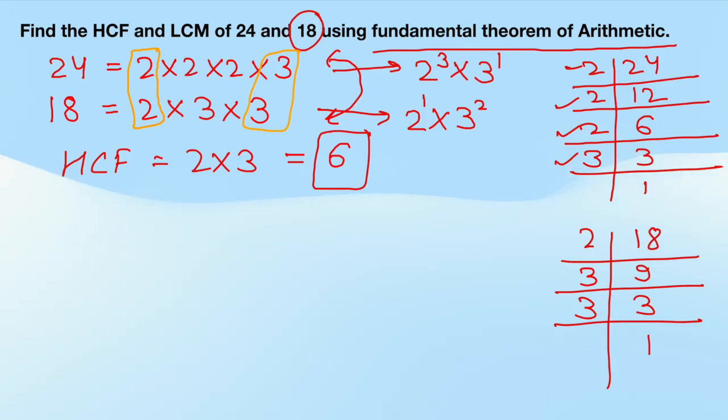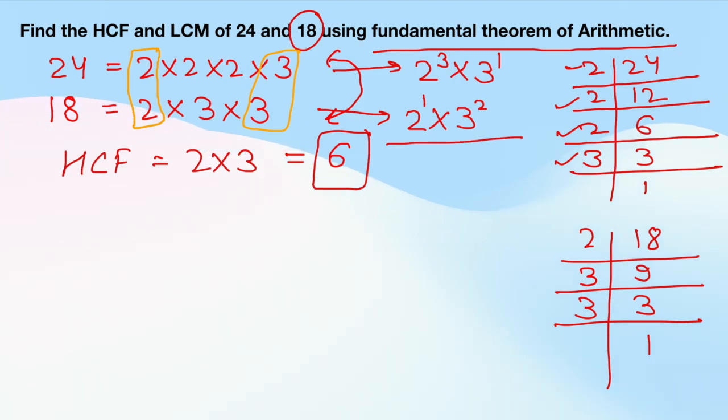In HCF we are taking the common thing. Common means which is in the first as well as in the second. 2 to the power 3 is in the first one, 2 to the power 1 is in the second one. What is common here? 2 to the power 1, because if there is 2 to the power 3, then 2 to the power 1, 2 to the power 2 and 2 to the power 3 are also there. So 2 to the power 1 is common.